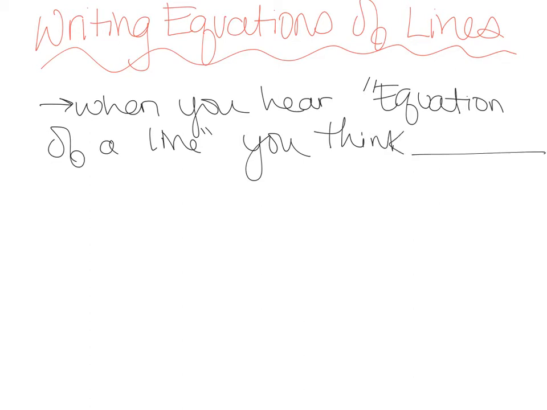When you hear the words equation of a line, you should immediately think something. I want you to write down that equation on your paper. Hopefully, when you hear the word equation of a line, you're going to write down y equals mx plus b. Whenever you hear the words equation of a line, you think y equals mx plus b.